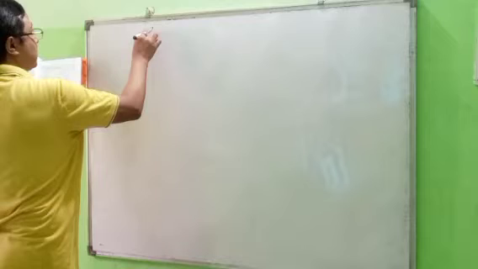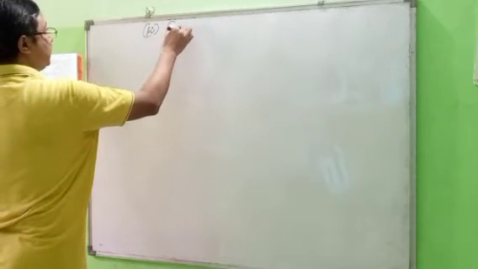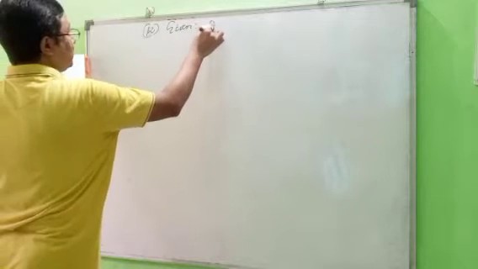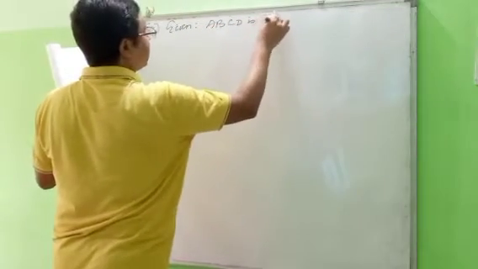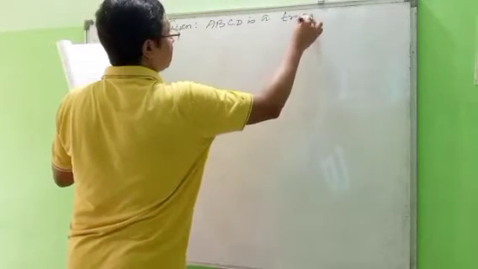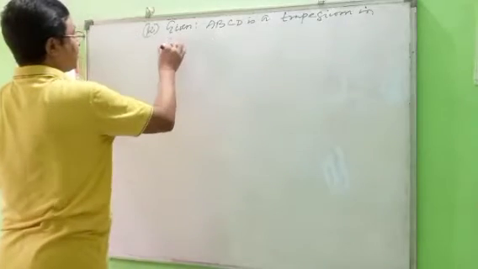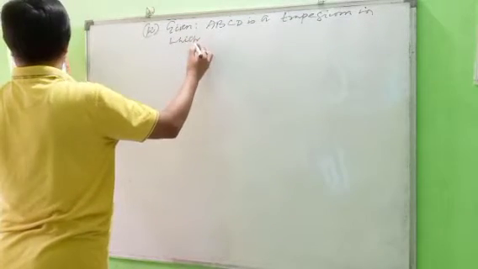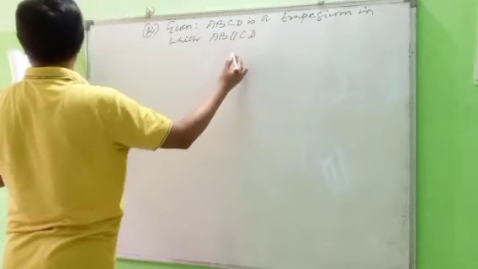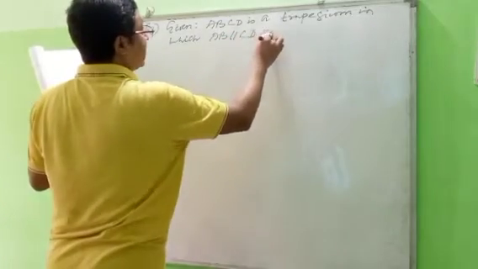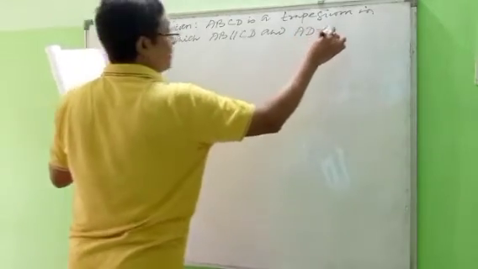Let us take question number 12. Here it is given that ABCD is a trapezium in which AB is parallel to CD, and AD equals BC.